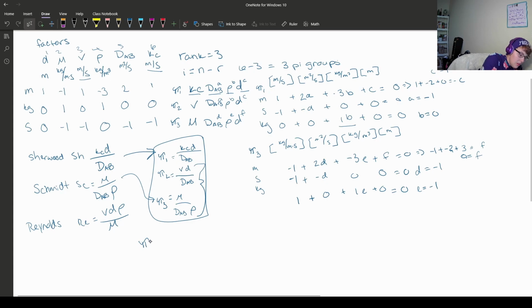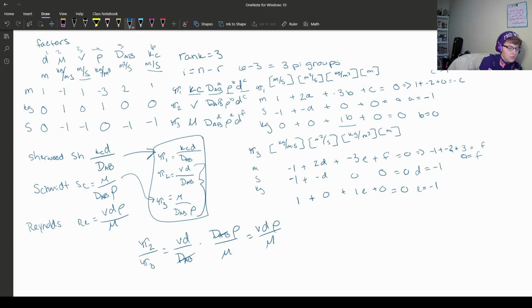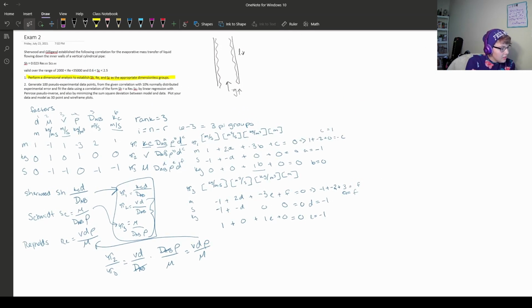And what you'll find is that if we divide dimensionless group 2 by pi 3, we will get the Reynolds number. So that shows us our dimensional analysis and how we get our dimensionless groups.